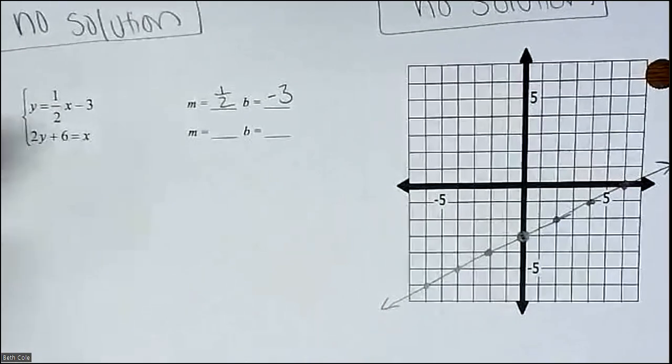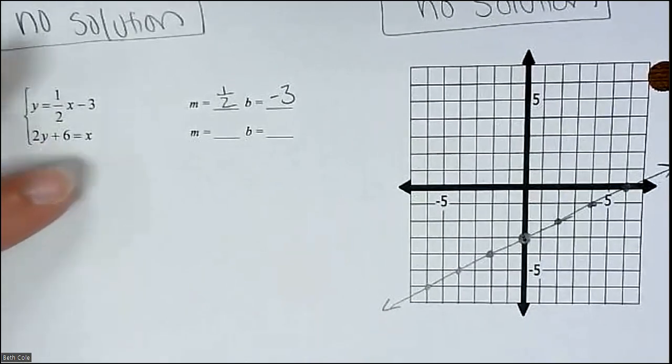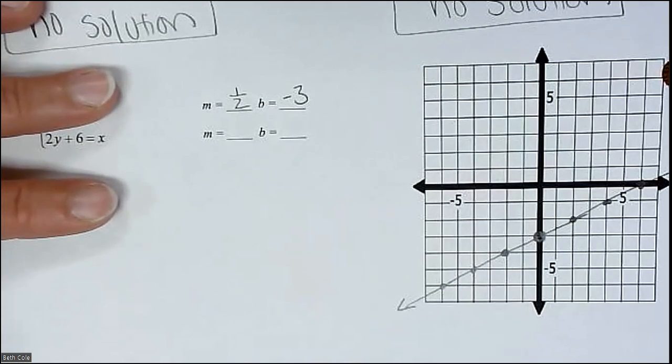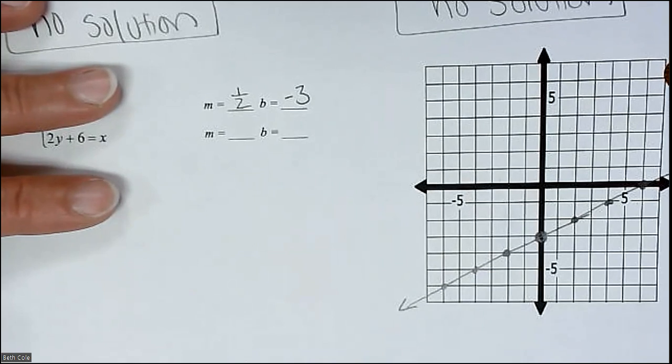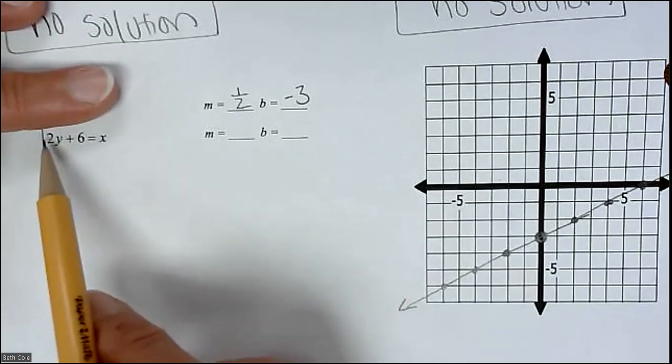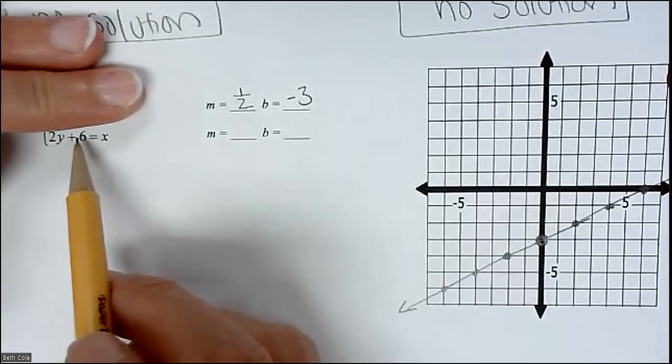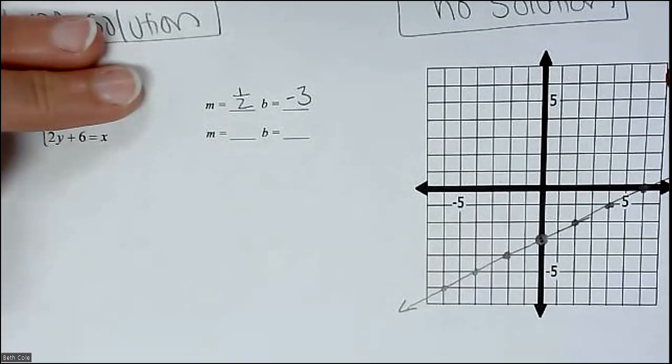Now for this last one, you could just type it into Desmos, but I want to show you how you can check it or do it by hand. If you had trouble reading the graph on Desmos, you know how sometimes you can't find a pretty point? The other thing you can do is just solve it for y, like get it into y equals mx plus b format. How do you undo a +6?